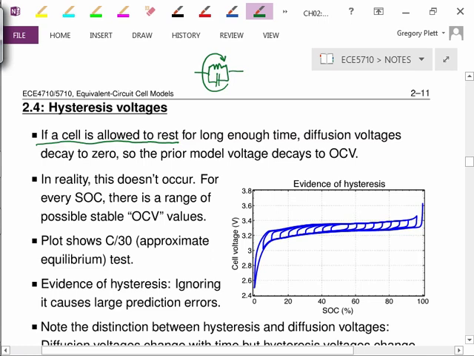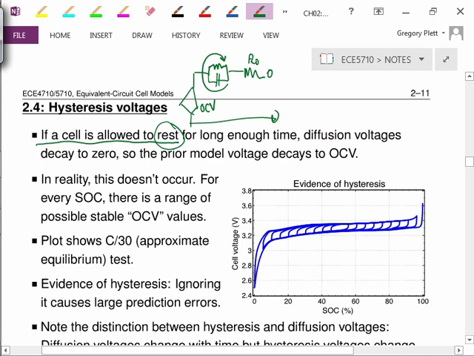And then because the cell is at rest, the current through the R0 is zero, and so eventually the voltage in the cell model that we've developed to date is going to converge to the open circuit voltage of the cell.